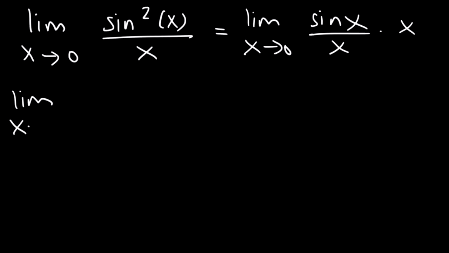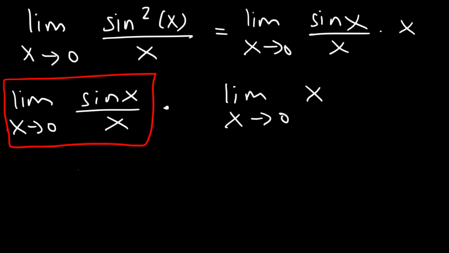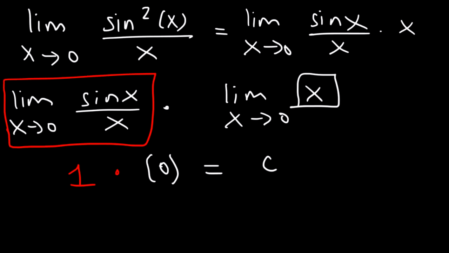Now let's separate this into two limits. The limit as x approaches 0 of sine x divided by x, we know that's 1. The limit as x approaches 0 of x, well, you can use direct substitution, that's going to be 0. So 1 times 0 is 0. So this is the final answer.